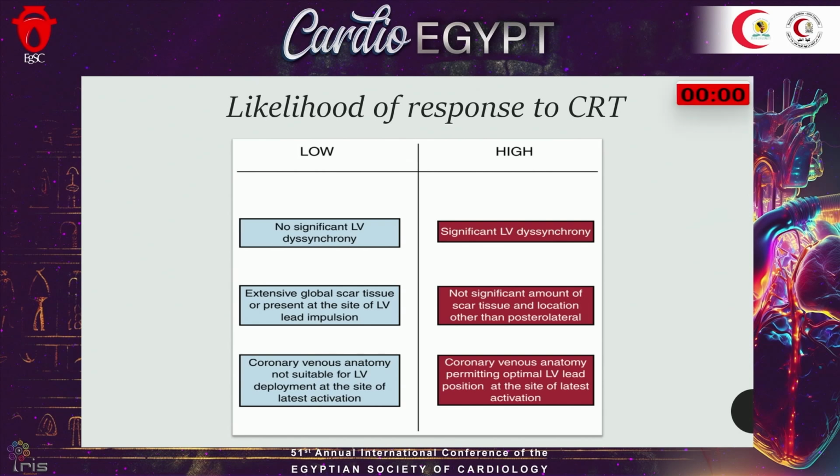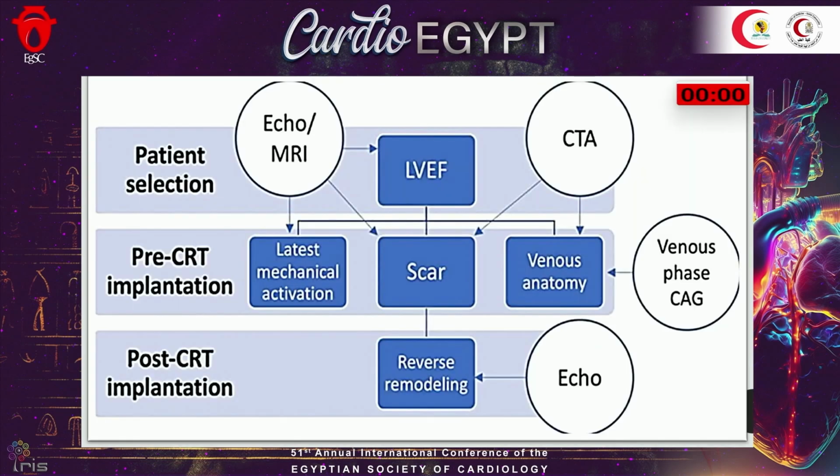High likelihood of responders: significant LV dyssynchrony, no significant scar or less than 50% transmurality, and location away from the posterolateral segments, with coronary venous anatomy permitting optimal LV lead positioning at the site of latest mechanical activation. This is the algorithm for assessment of patients for CRT: patient selection, pre-implantation, and post-CRT implantation.